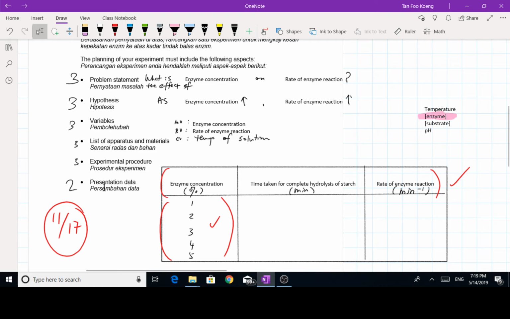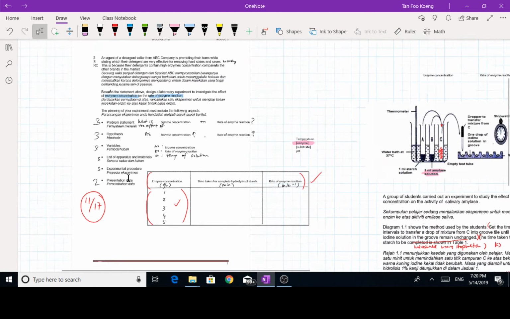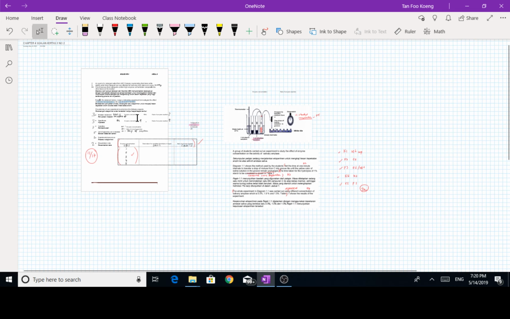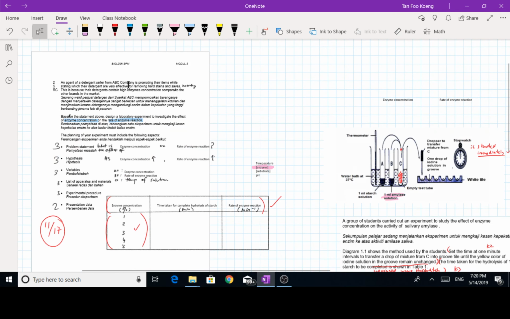So this is how you score. You secure the 11 marks in your hand first, and then only you sketch your diagram, then try to extract as much as possible the apparatus and materials from the variables, from the diagram, and your procedure. Okay, so with this, hopefully you'll be able to score in paper 3.